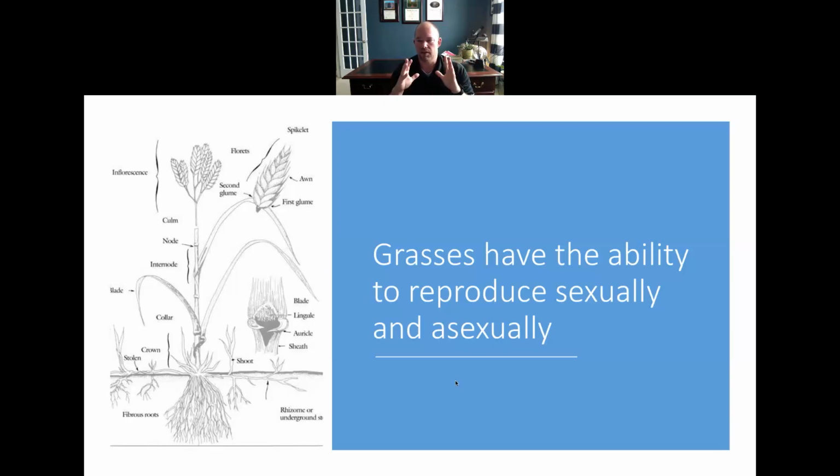And this ability to reproduce both sexually and asexually is what allows it to survive so well in a variety of different conditions. So if it's a bad year, it may not produce any seed.